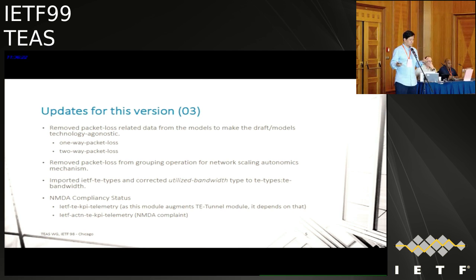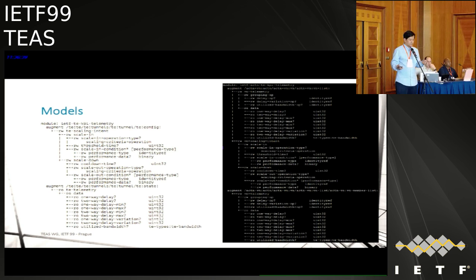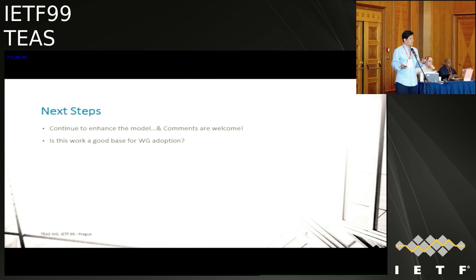This is NMDA compliant for the ACTN part, but the TE KPI telemetry still depends on the TE tunnel model, so we still need to work on changes in the TE tunnel model to be completely NMDA compliant. So these are the models. I don't have time to go over them. Please take a look, and we will continue to enhance the model and align it with the TE tunnel model. We believe this is a good base for working group adoption.